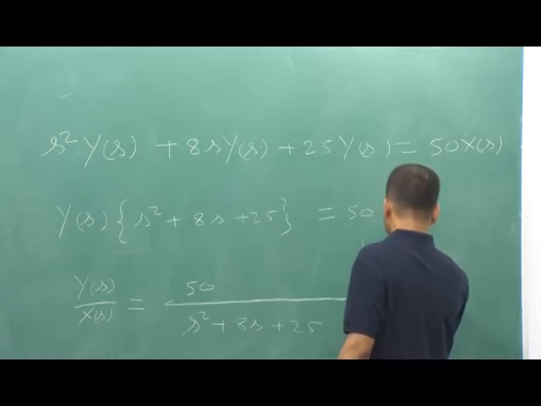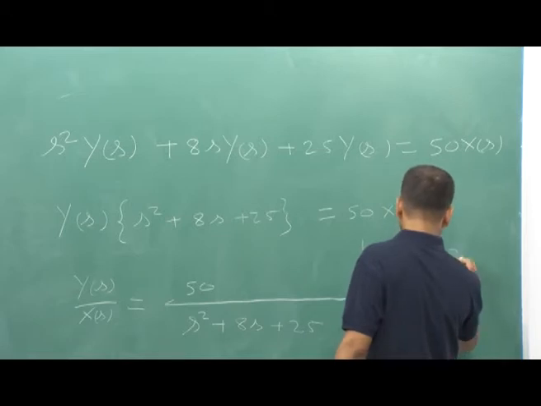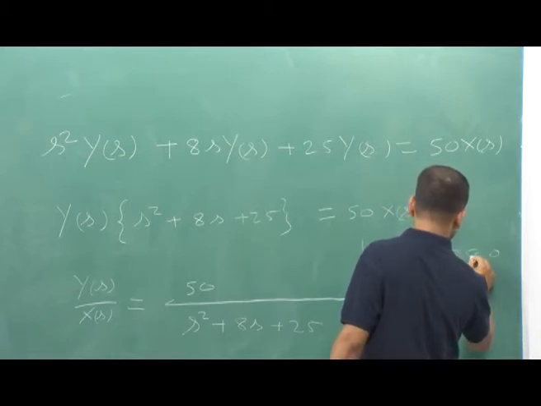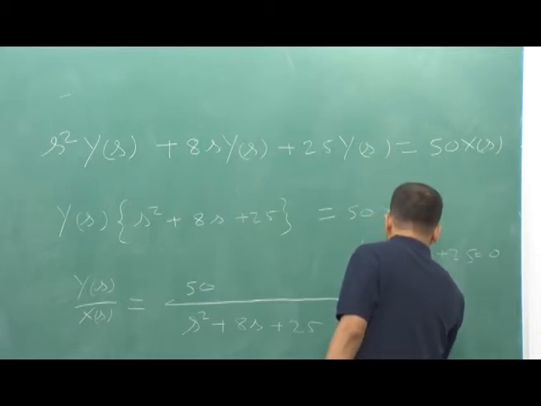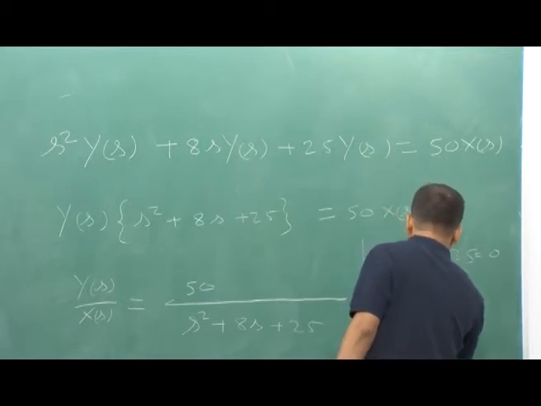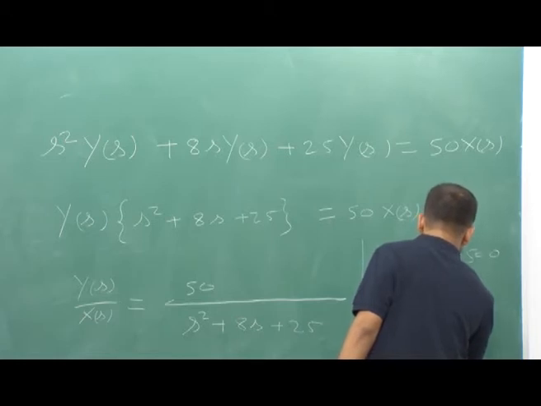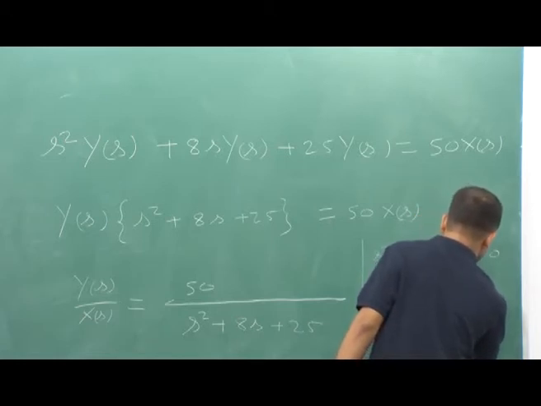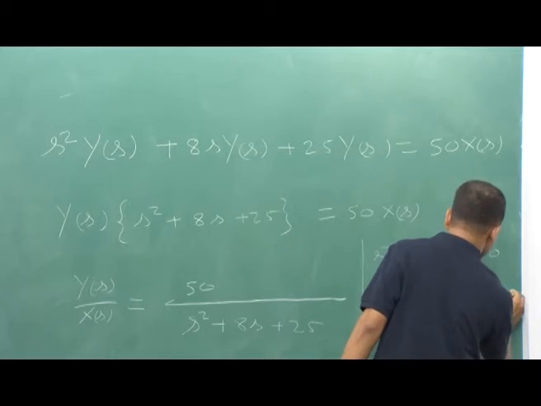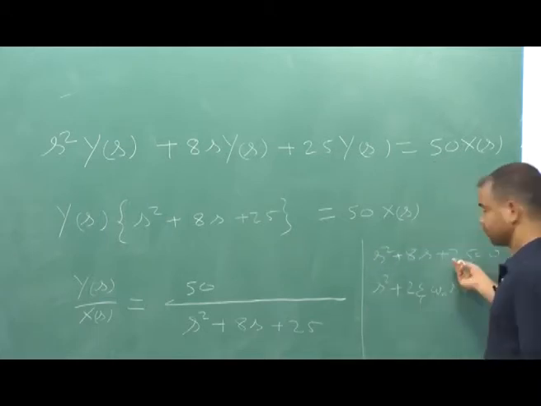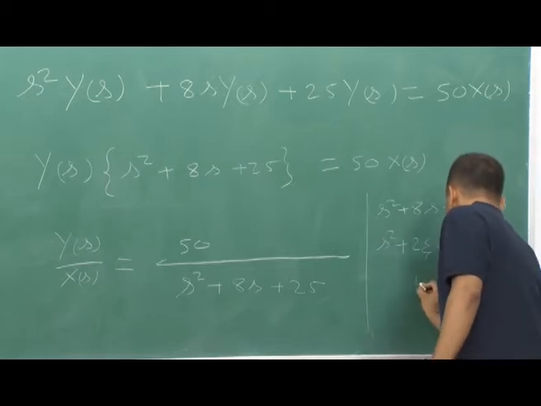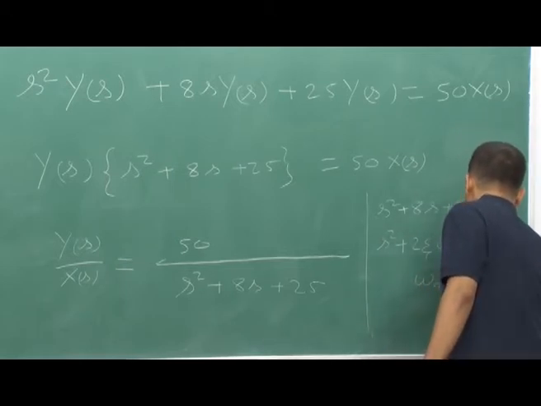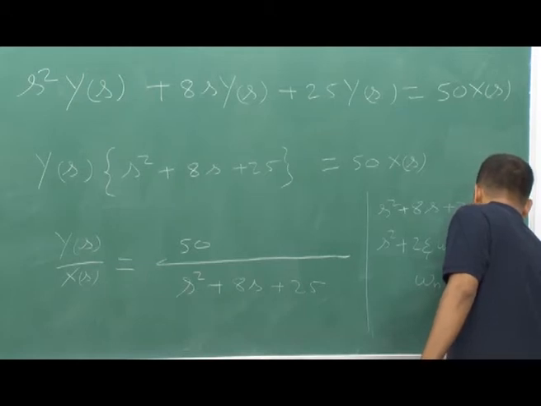s square plus 8s plus 25 is equal to 0, and now if I compare with the standard equation s square plus 2 zeta omega n s plus omega n square is equal to 0, then comparing these two equations, I can find omega n square is 25, so omega n is equal to 5.